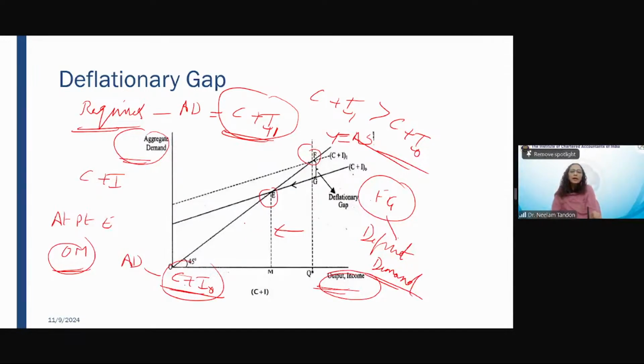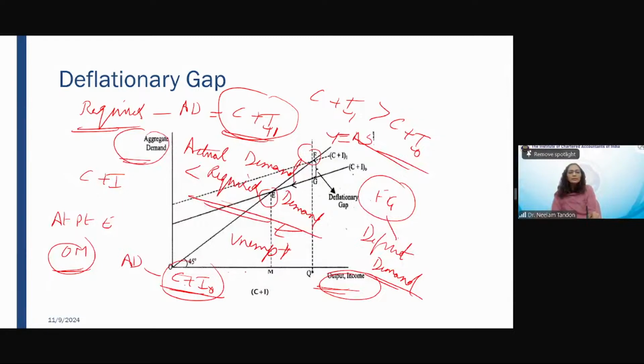So what will happen in deflation? In deflation, actual demand will be less than required demand. Since the actual demand is less than the required demand, there will be unemployment.